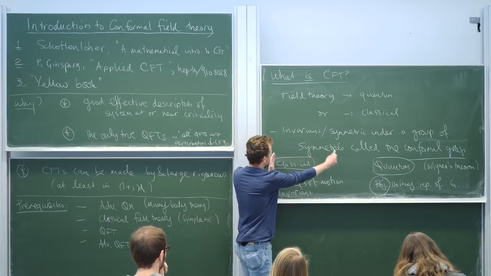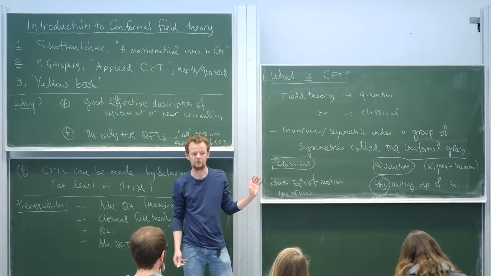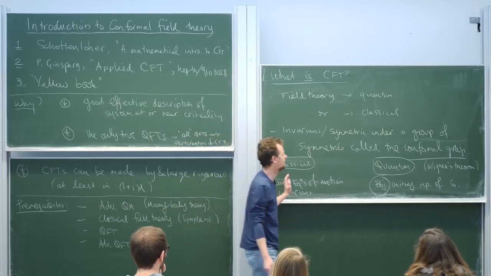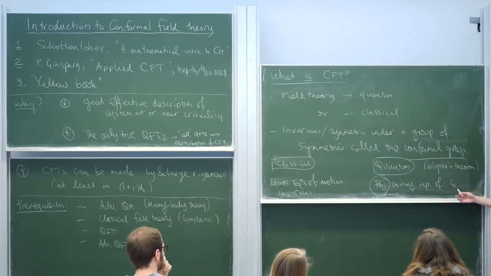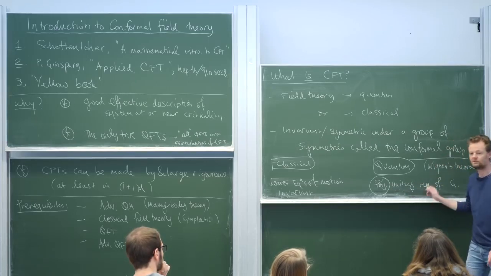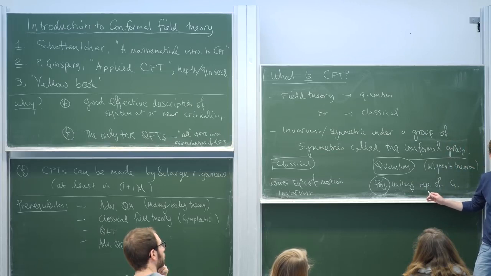Then we'll look at classically invariant field theories that are invariant under this conformal group, and quantum ones. And the quantum ones will take us on a very interesting detour through the theory of projective unitary representations, and then we will also look at field theory realizations of such symmetries.